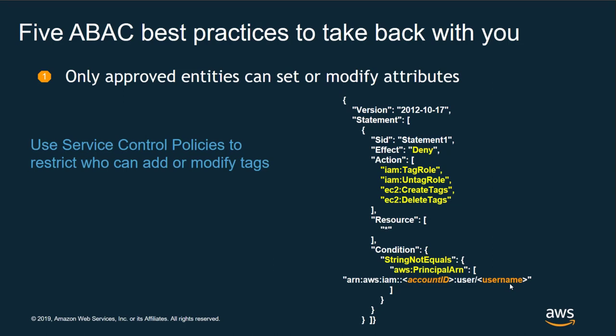So for example, if I change this username to my username, Sulai, and I put my account ID here, what that means is only Sulai in my organization or account or OU, wherever you apply this policy, will be allowed to perform IAM tag role, IAM untag role, create tags and delete tags. Everybody else will be denied. So this is a very good way of controlling who can update tags. It's a good way of making your tags semi-immutable and only allowing certain principals access to change tags.